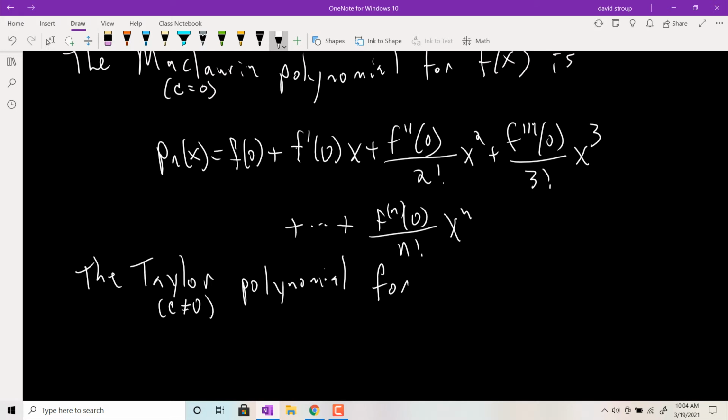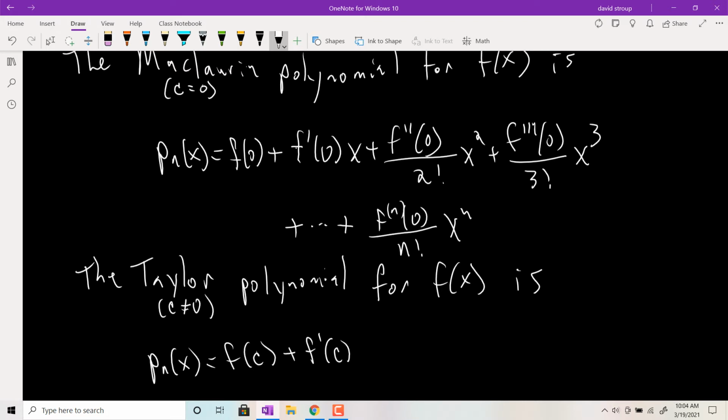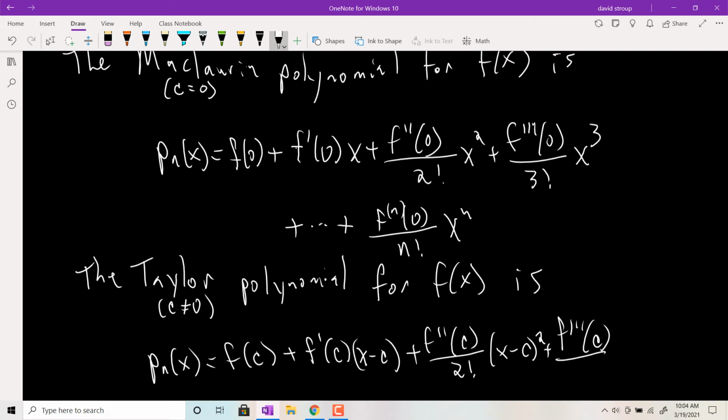But anyways, for f of x, p sub n of x equals f of c plus f prime of c times x minus c plus f double prime of c all over 2 factorial times x minus c squared plus f triple prime of c all over 3 factorial times x minus c cubed.